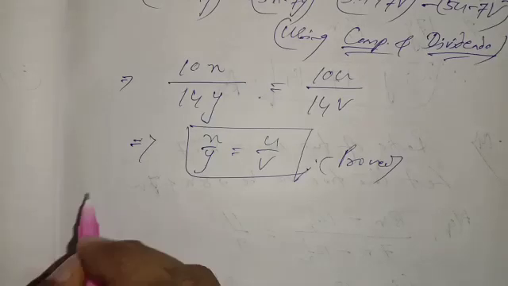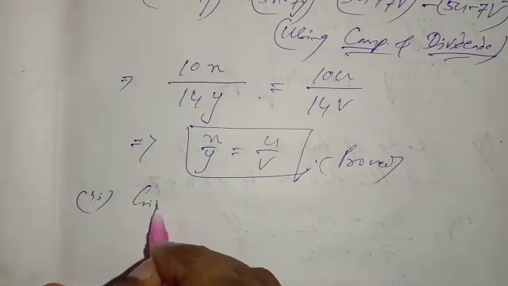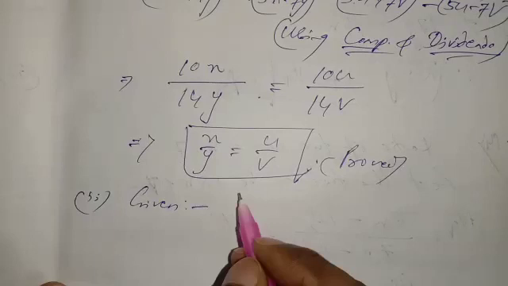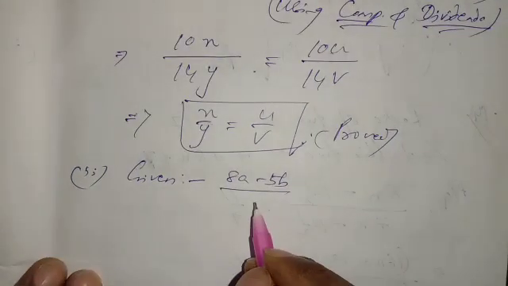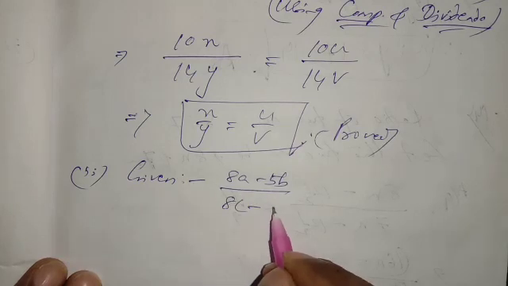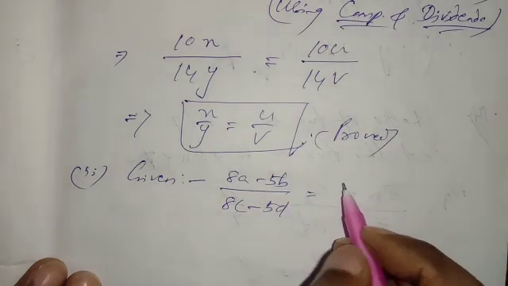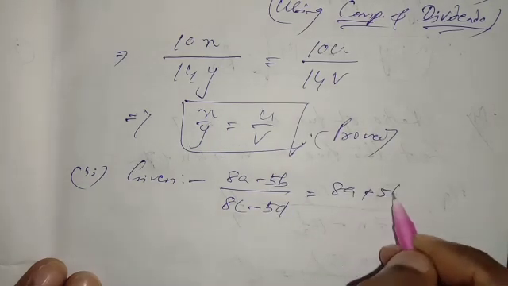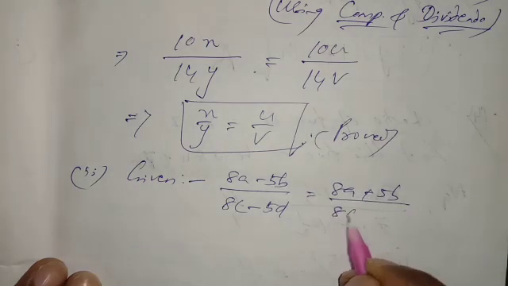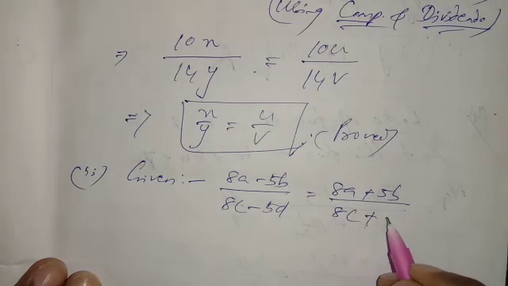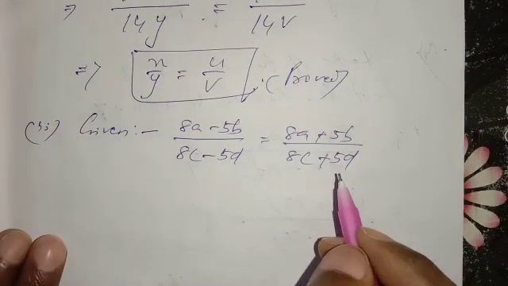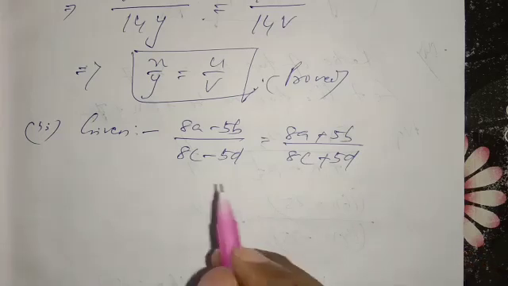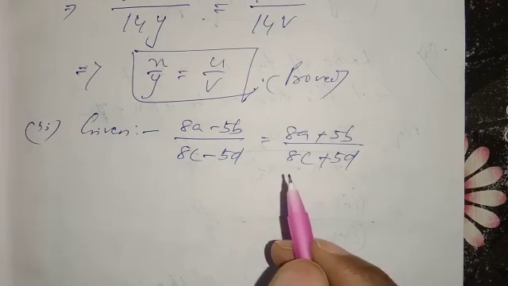Next come to the number 2, second part. What is given? The second part, it is given (8a minus 5b) by (8c minus 5d) equal to (8a plus 5b) by (8c plus 5d). This is given, and you have to prove a by b equal to c by d.